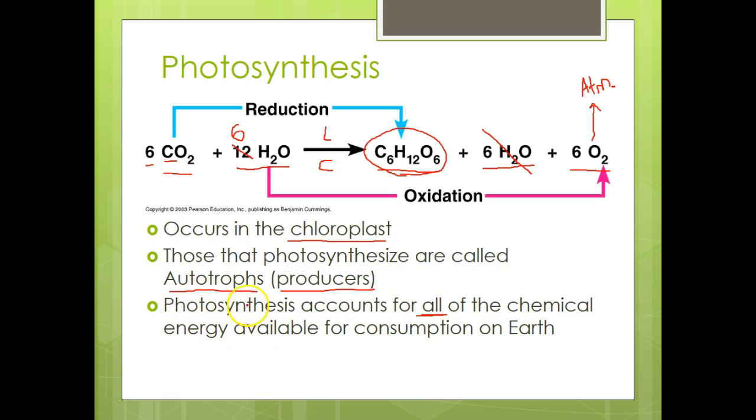And when the chlorophyll captures those photons, it will then use that energy to essentially build glucose. And once that glucose is built, anything that eats producers, and anything that eats anything that eats producers, and so on, will all use the glucose that was originally produced by the producers.